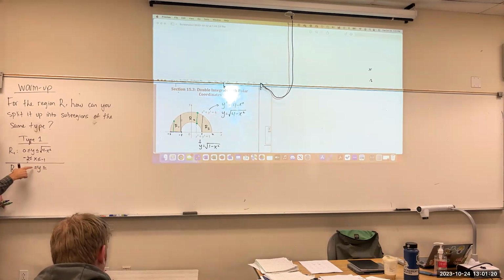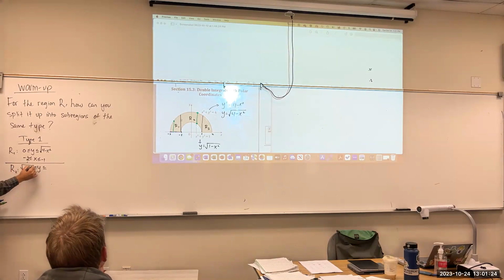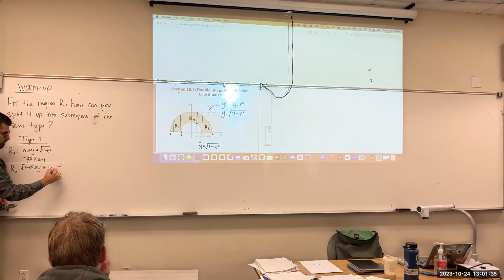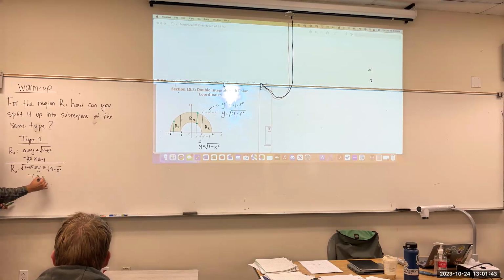You guys tell me, what's the lower one? Positive square root of 1 minus x squared, the smaller circle, and then it's bounded above by which one? The bigger circle. That's right. But now here x is between what and what? Negative 1 to 1. Good.